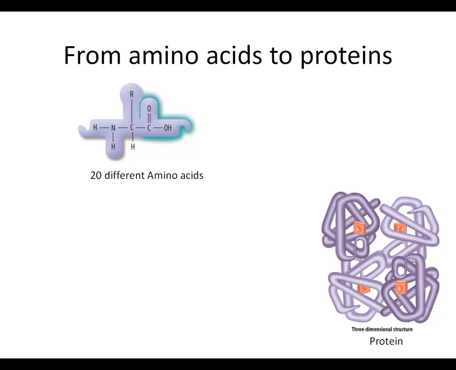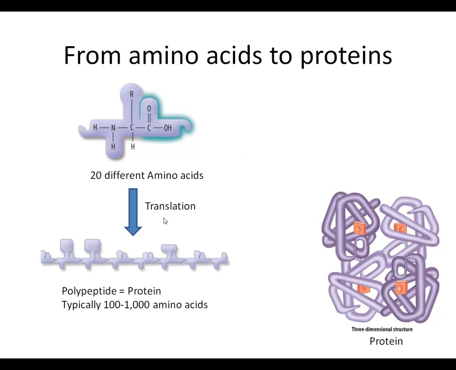And you guys talked at some point about how proteins are made, how genes get turned into proteins. So, from those 20 amino acids, through a process called translation, the amino acids get put into a chain where they get joined together. The N group, amino group, joins up with the carboxylic acid group into what's called a peptide bond.